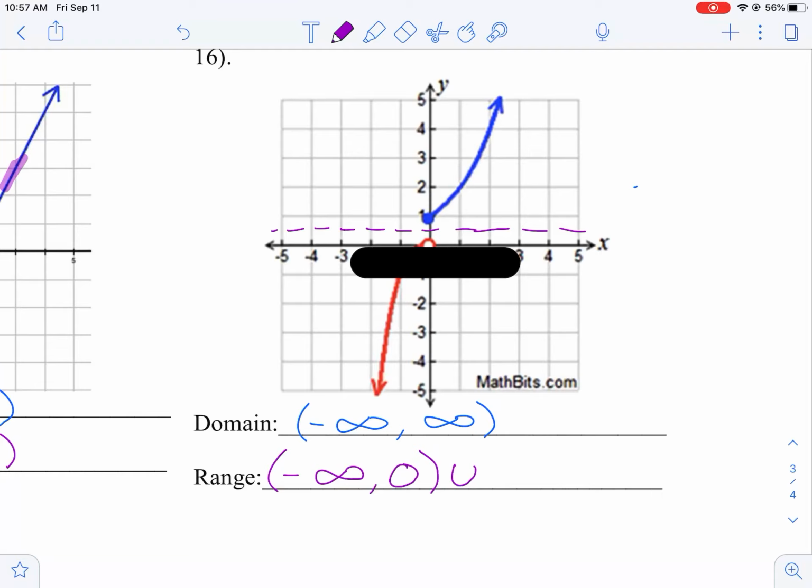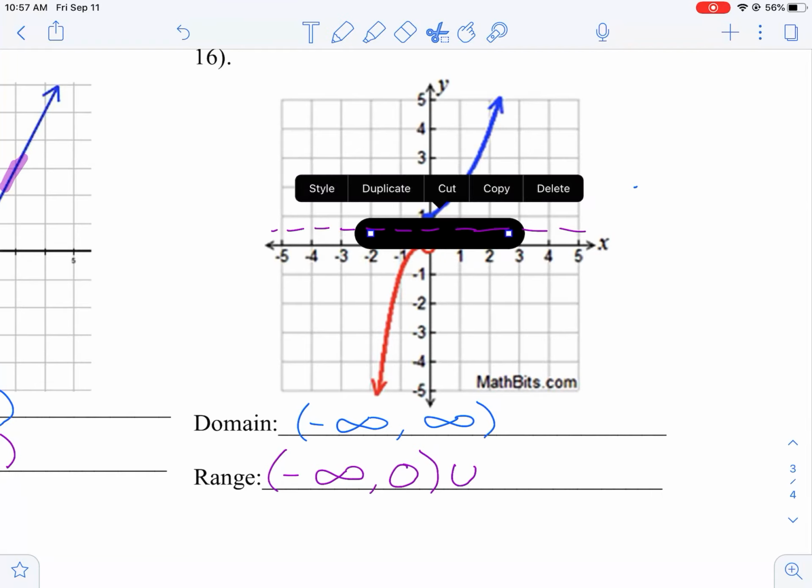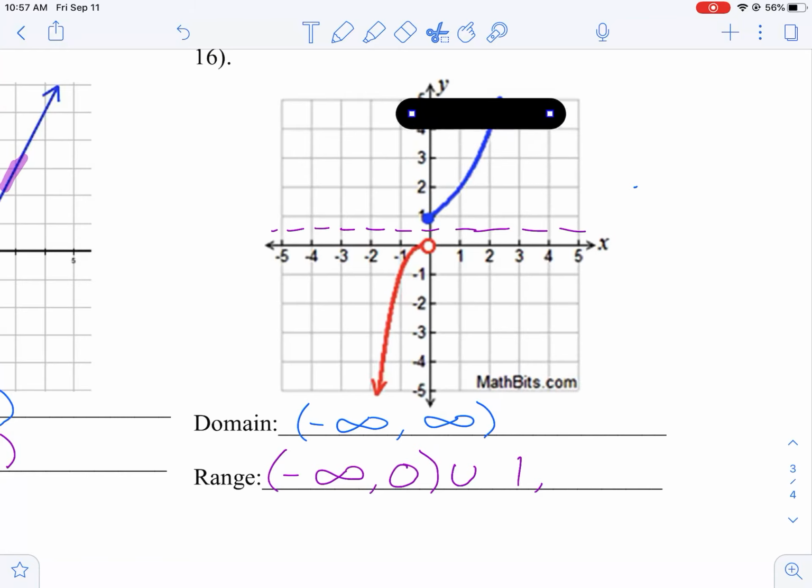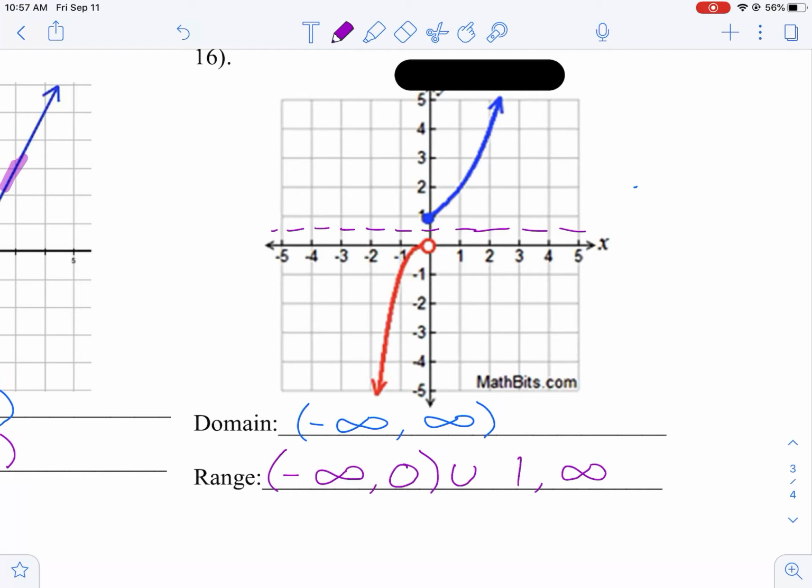So that's where I need to throw in the U there, because our graph picks back up at 1, and it's going to grow up to +infinity. So we're going 1 to +infinity, and that 1, because it's a closed dot, has a bracket on the end.